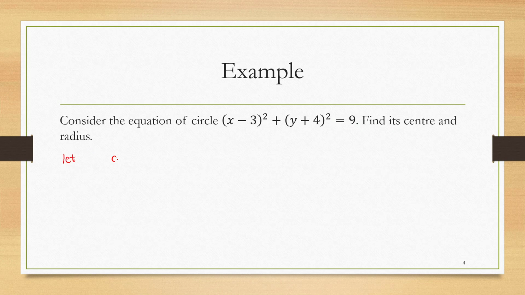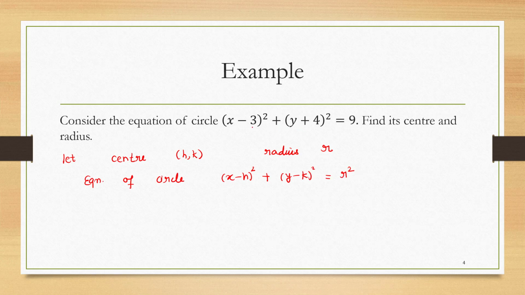So let us suppose center is (h, k) and radius is r. Then we know that equation of circle is (x minus h) whole square plus (y minus k) whole square is equal to r square.